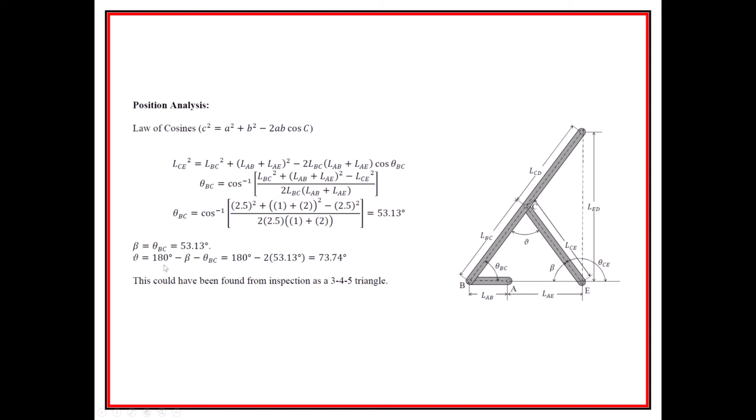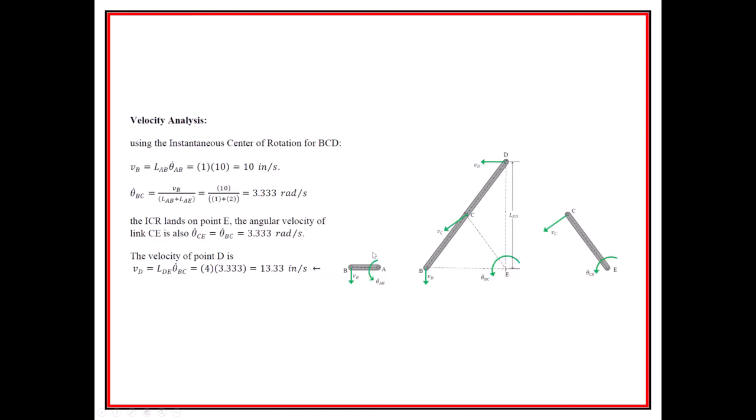Then we can also find the interior angle beta. It has to be the same thing because this is an isosceles triangle. I think that's the right word. From those two angles that we know, we're able to find the third angle. So we have all of the angles, and we're good to go.